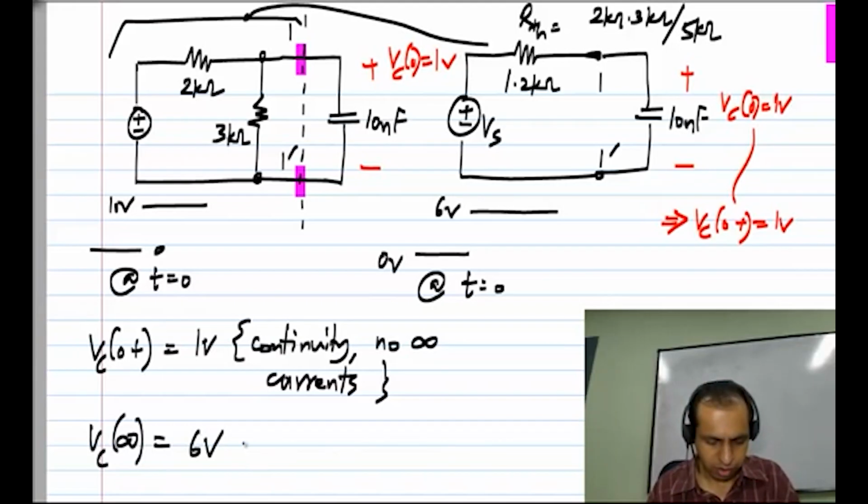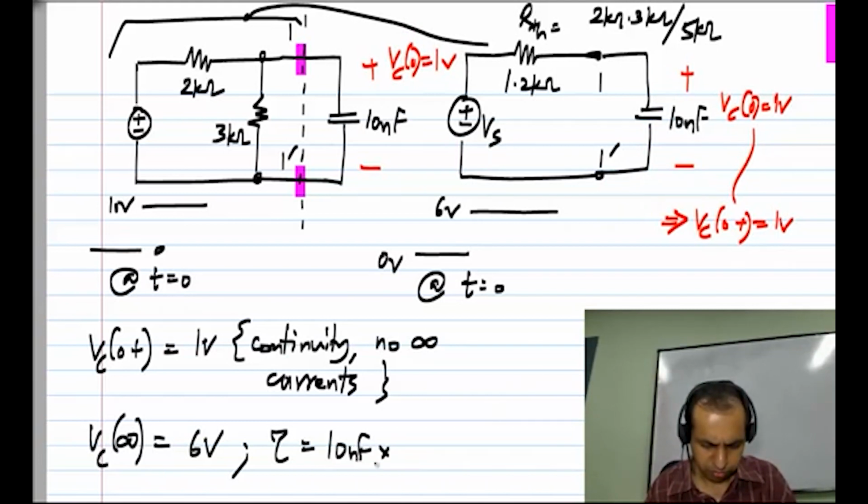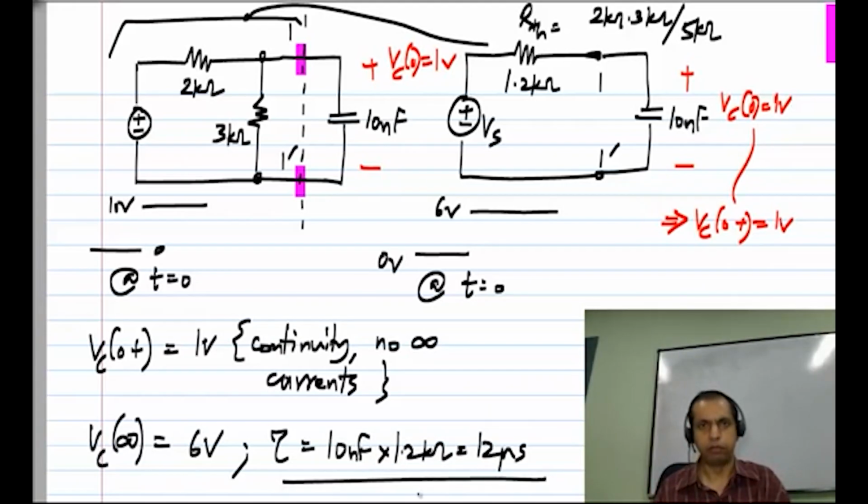And the time constant tau, of course, is, if you set Vs to 0, we will have this RTH across the capacitor. So it is 10 nanofarad times 1.2 kilo ohms, which is 12 microseconds.